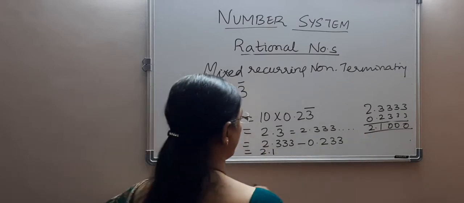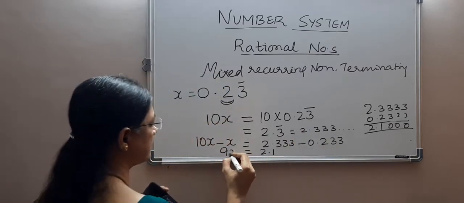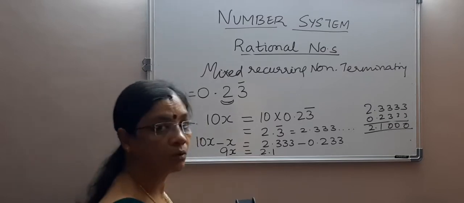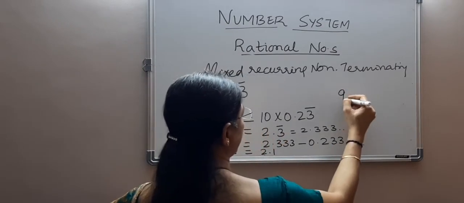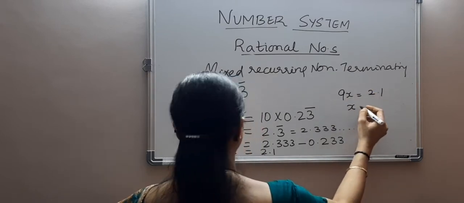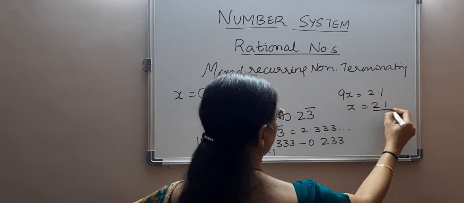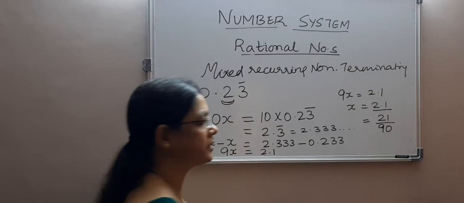Okay, this is 2.1. So I've got directly 9x is equal to 2.1. Okay, so that is 9x is equal to 2.1, or x is equal to 2.1 by 9. I can write this as 21 divided by 90.